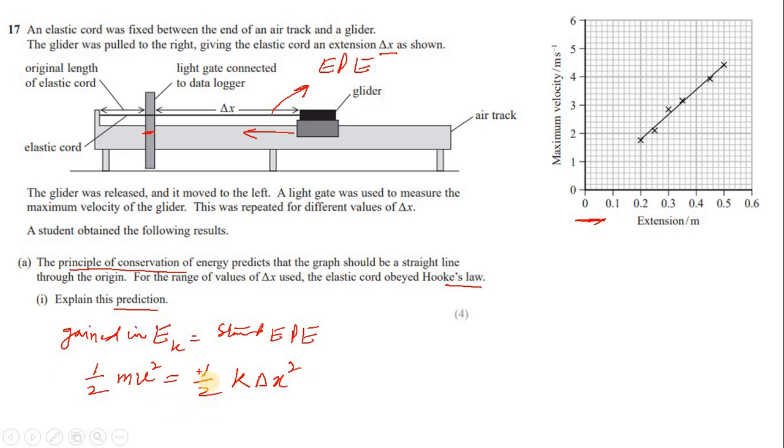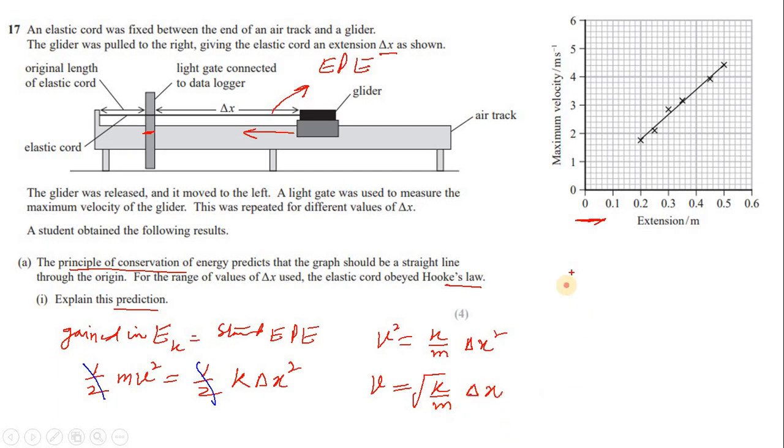So half is gone, and then you can rearrange this equation for v. So v squared would be equal to k by m delta x squared, and then if you take the square root, v would be equal to square root of k by m into delta x.